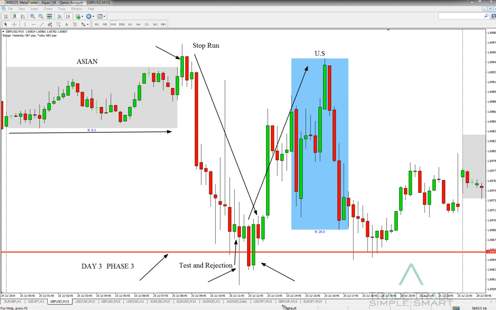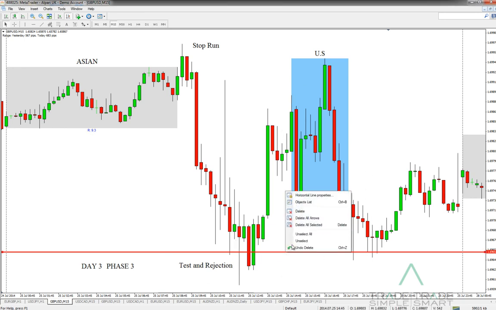So again on day 3, which is phase 3 in this bearish cycle, we can see a test and a rejection of the previous day's lows, and then a move back into the range.